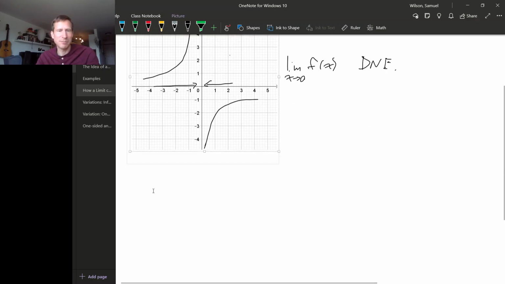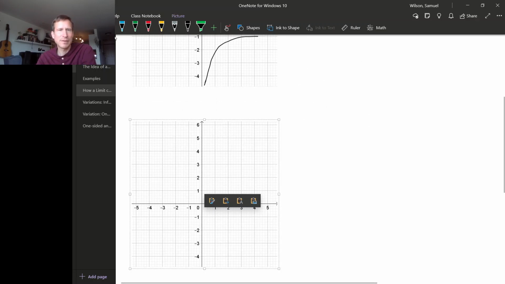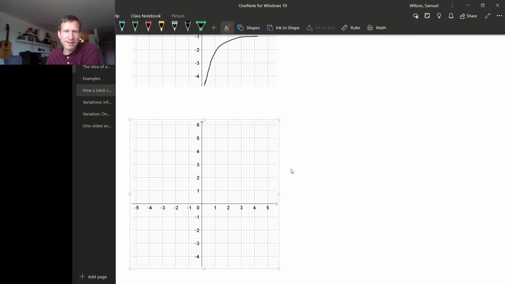Let me get another copy of this image here. Another way that a limit can fail to exist is, suppose that we have a graph that comes in like this, and I'm going to ask ultimately about the limit as x goes to 0 of the graph that I'm drawing. Now let me draw the graph. So if it goes like this, right?